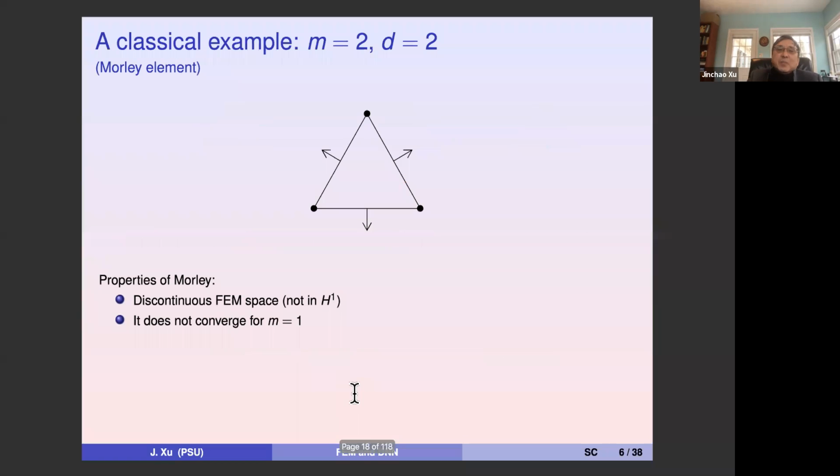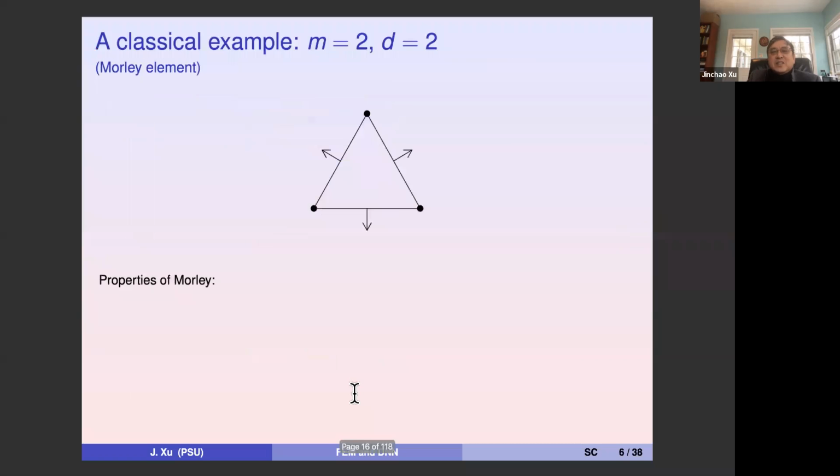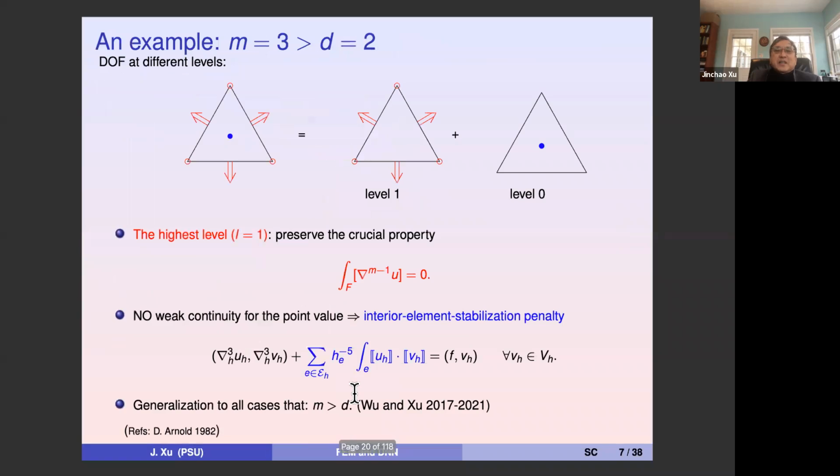I think it's the lowest order. I guess I'm done with this project. It's a non-conforming method. Now, the question is what about conforming? We still don't know how to do that. Now I'm going to take a non-standard finite element.